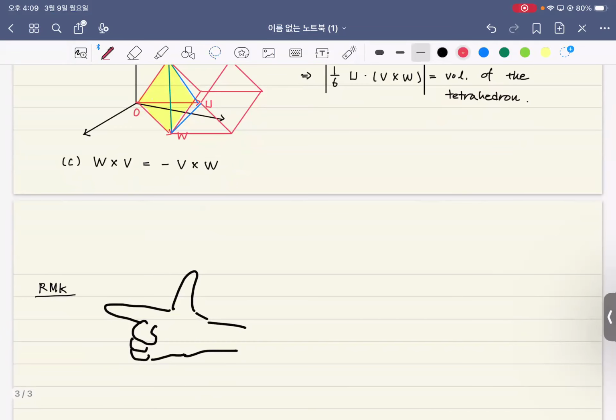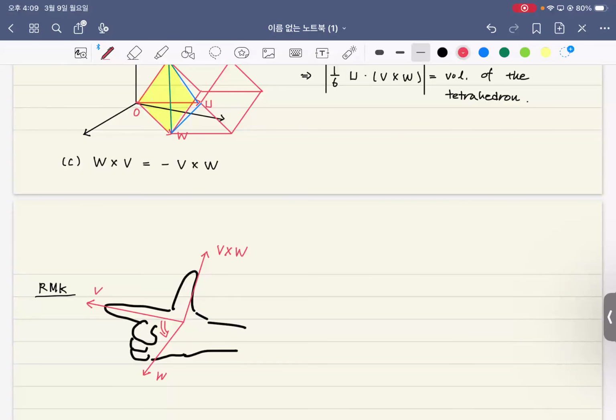Then say that this is the direction of the first vector, and this is the direction of the second vector. If you curl your right hand towards the second vector, then the direction that your thumb is pointing is going to be the direction of V cross W.